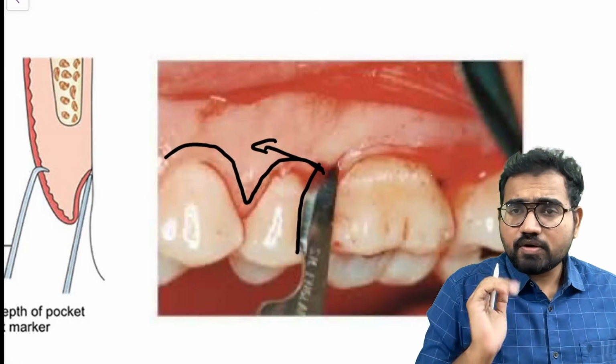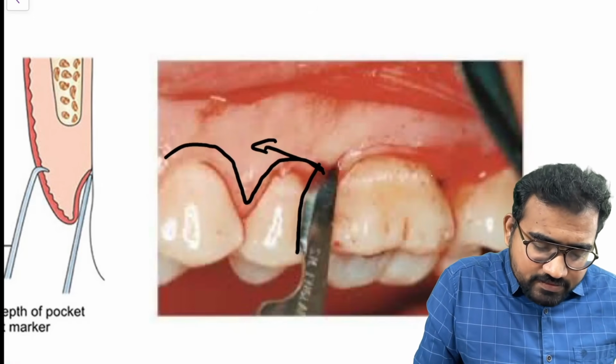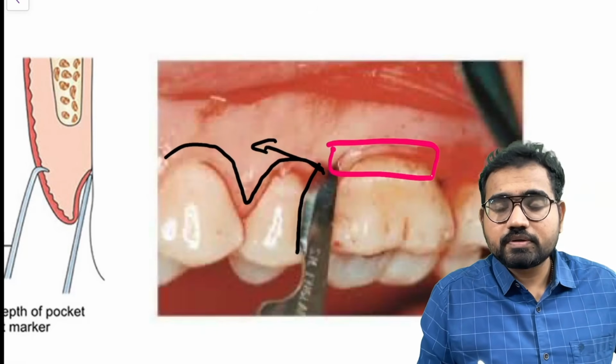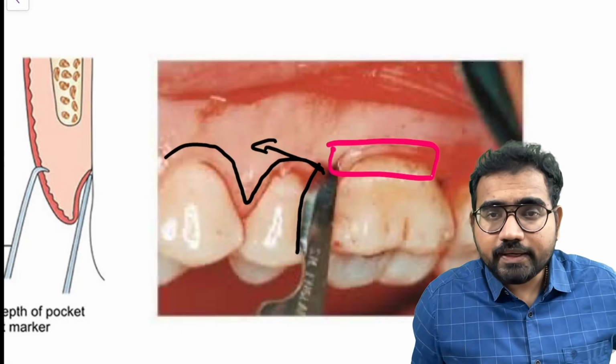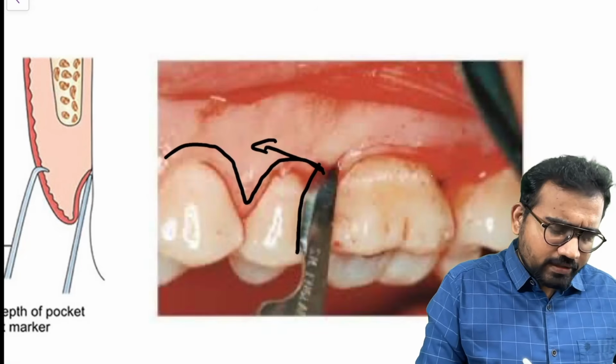Now, am I right in saying that this tag of tissue contains pocket lining? Obviously this tag of tissue is going to contain pocket lining.